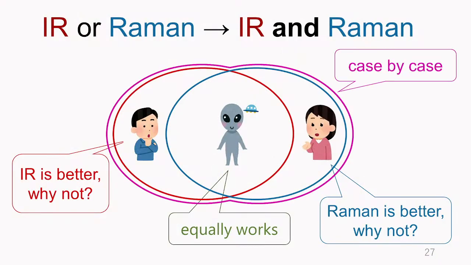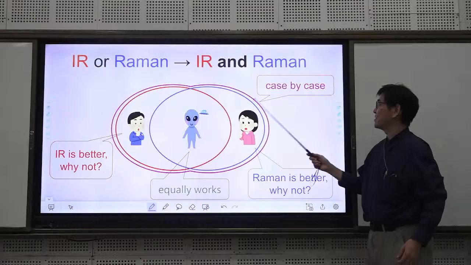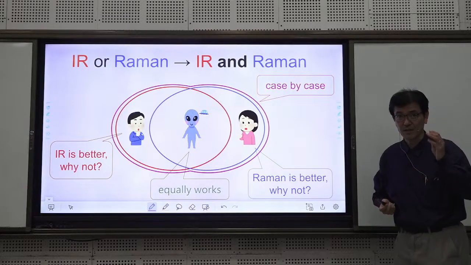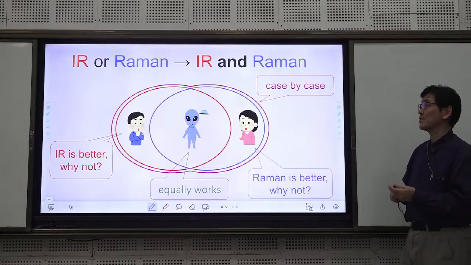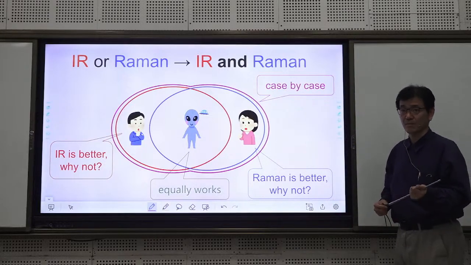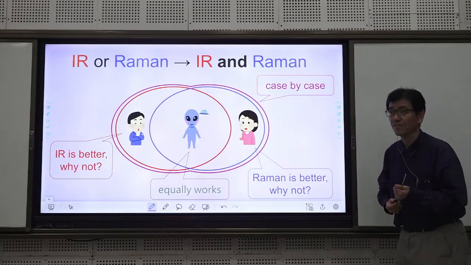So the most appropriate conclusion is case by case. Please understand the advantages and disadvantages of each method, and please choose the proper way for your sample and for your discussion.